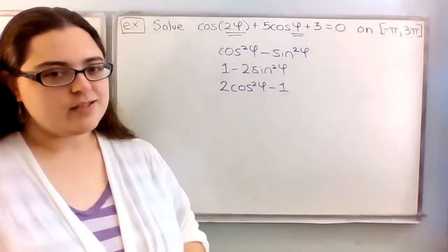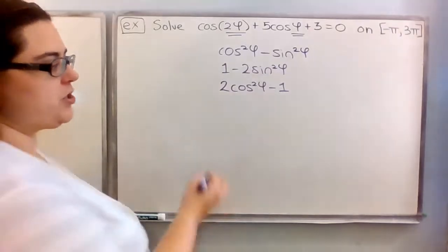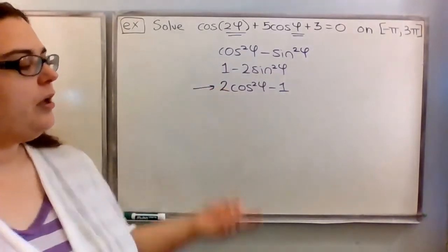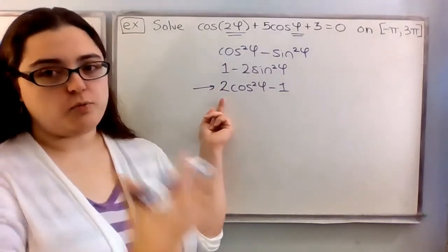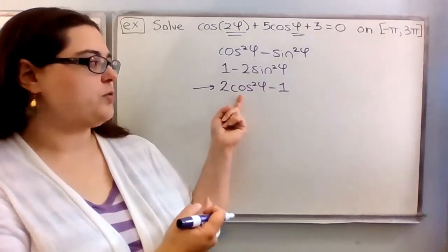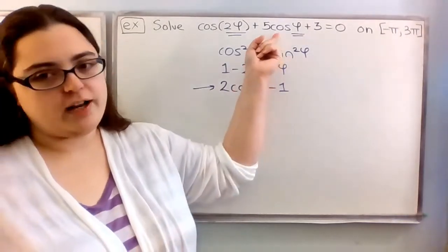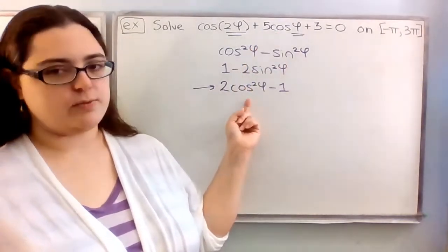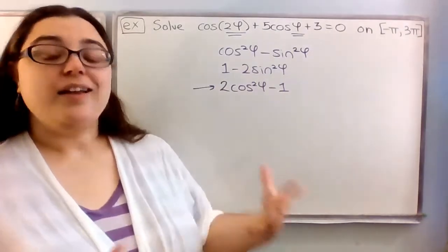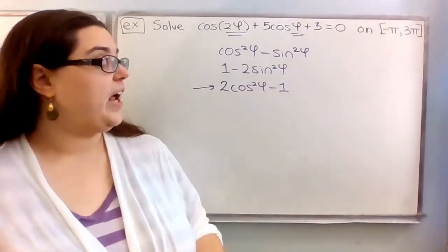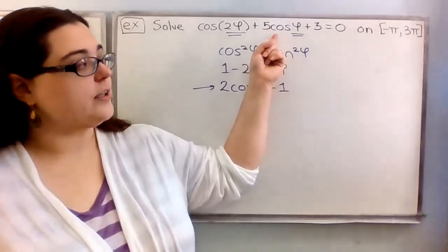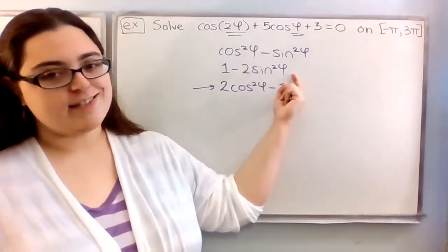In this case, I'm probably going to go with this third option, because this third option only involves one trig function, and it involves cosine, which we already have. If, for example, I had sine of phi here instead, then I would have gone with the second option.